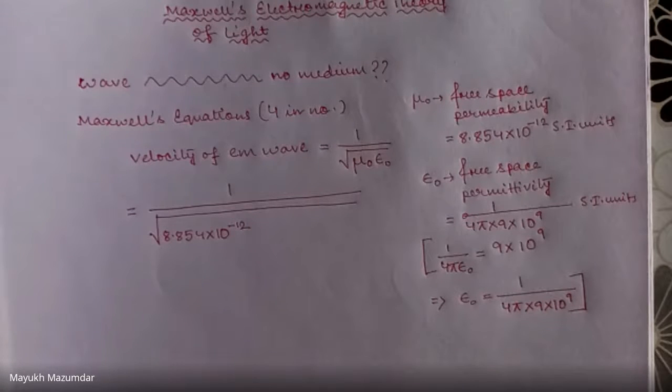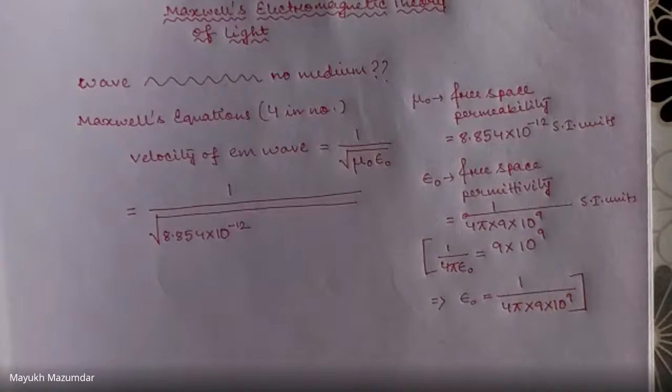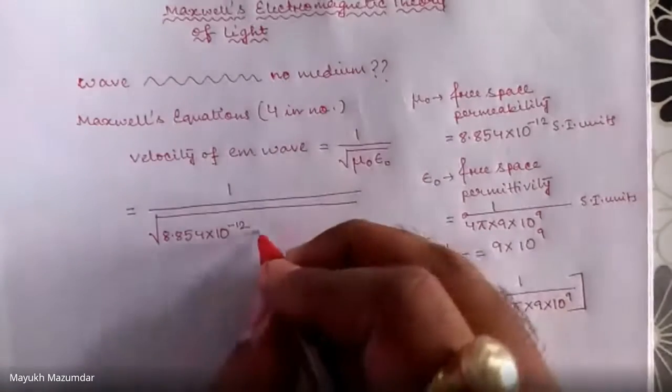Yes, you are getting the value of epsilon 0. So I got 1.13 into 10 to the power minus 11. Okay, so put the value in this expression, whatever you got.